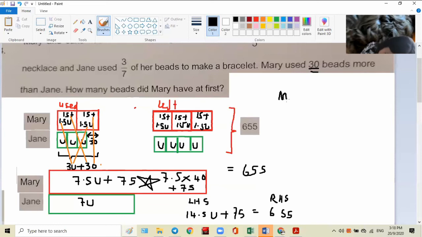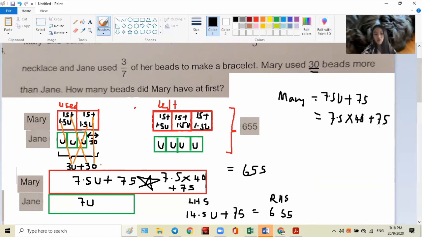So Mary at first has 7.5 units plus 75, right? Which is 7.5 times 40 plus 75. That should be the answer. What's the answer? 375.